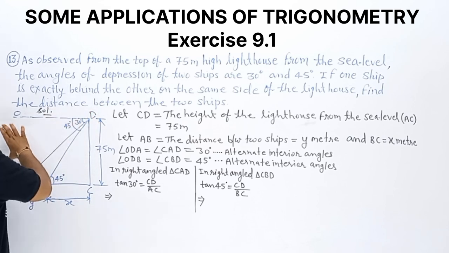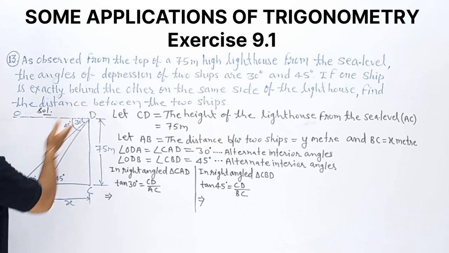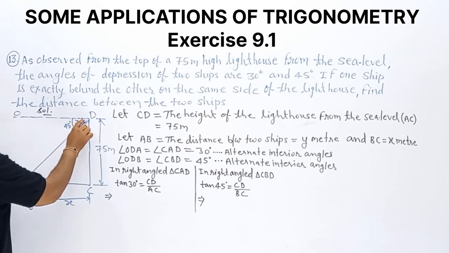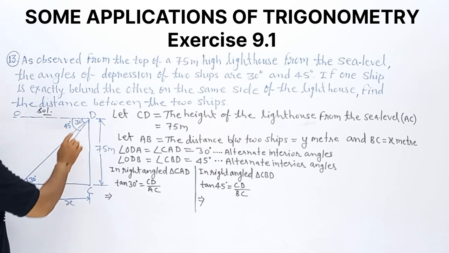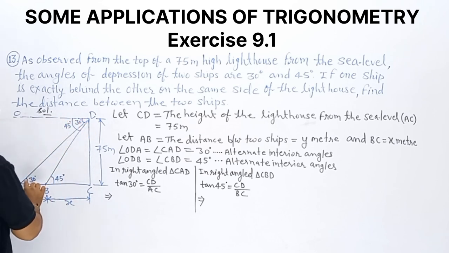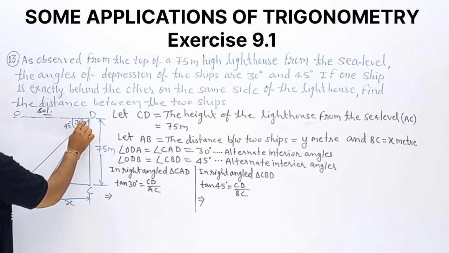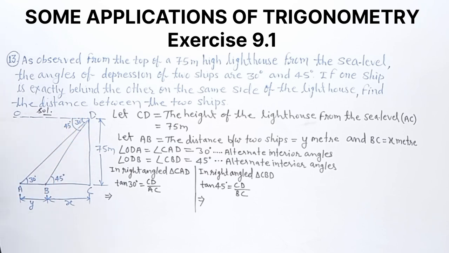Once we have two straight lines and one transversal, we get interior angles. This angle and this one are alternate interior angles. This angle will be equal to this one. Why? Because with two straight lines and one transversal, alternate interior angles are equal.